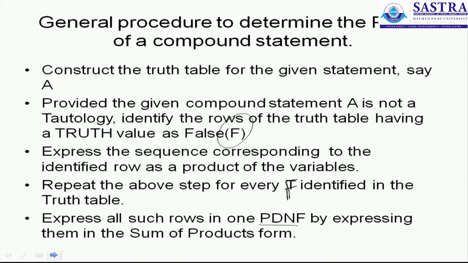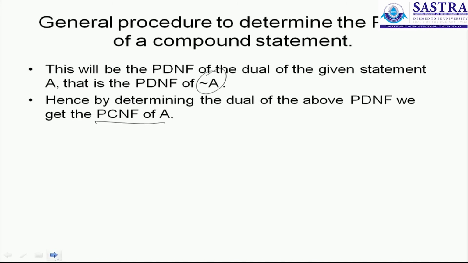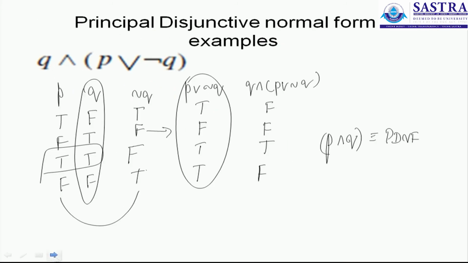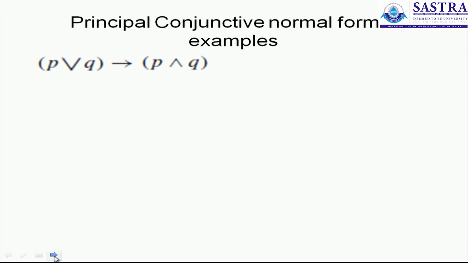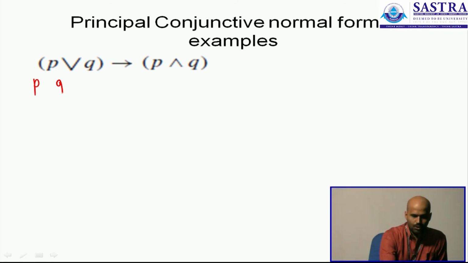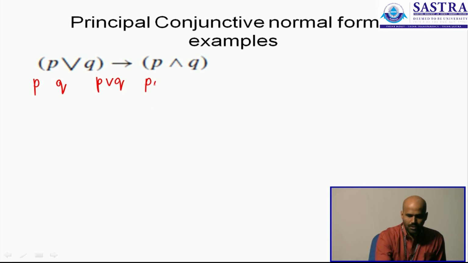So let's discuss this using a couple of examples. Let's have a look at this. This statement is a conditional, but to make it easy for you, I've just picked two simple statements. So P, Q, P disjunction Q, P conjunction Q, and a conditional.